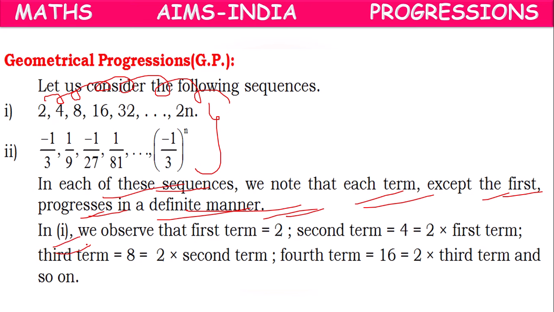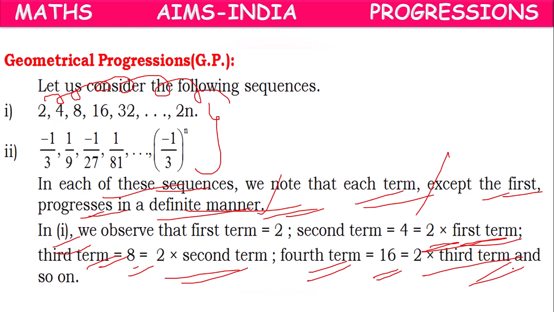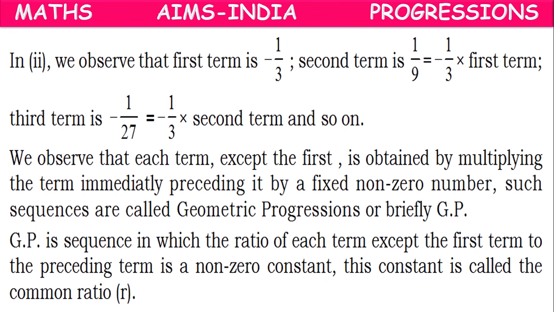In the first example, the first term is 2, the second term is 4, means 2 into the first term, the third term is 8, 2 into the second term, the fourth term is 16, 2 into the third term, and the nth term is 2 into its before term. Like that, each term except the first term is progressing in a definite manner. So it is a geometric progression.